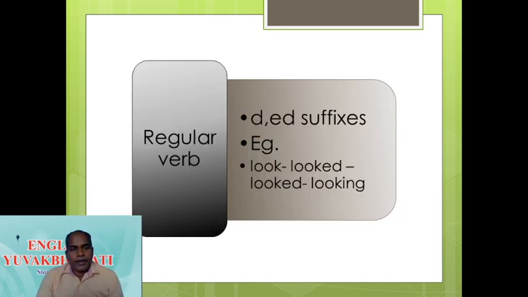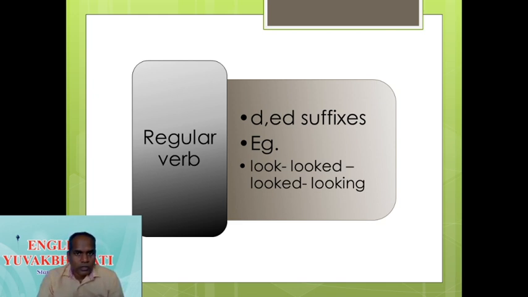How to identify a regular verb? A regular verb can be identified by applying the following rules. A regular verb may have d and ed suffixes, meaning we can form the past form and past participle form by adding d or ed.